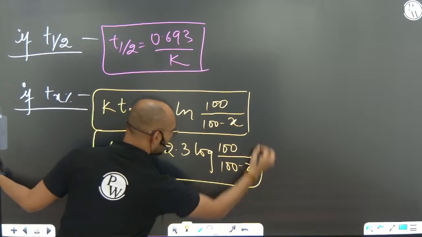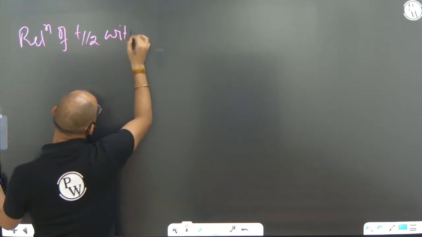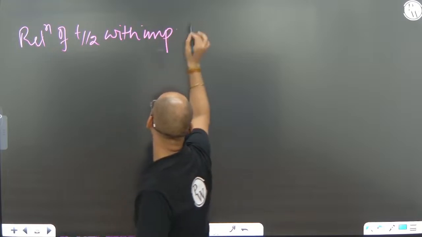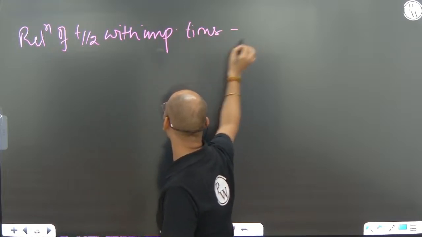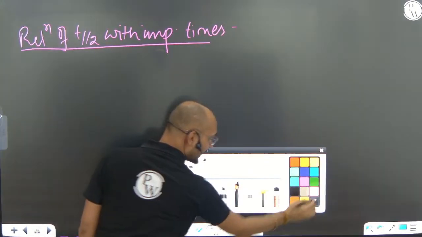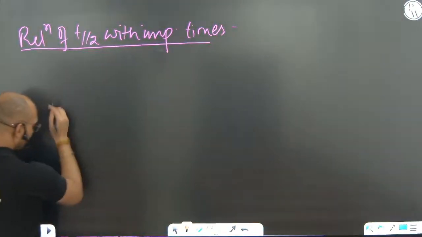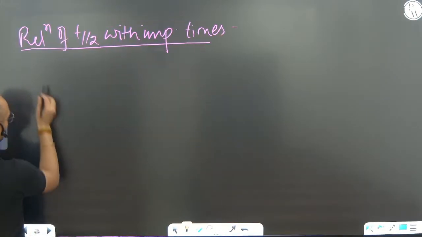Okay, now next one, what we are going to study, we are going to talk about relation of t half with important times. ये important times कौन कौन से हैं भाई? Important times, whatever I'm telling you, directly remember it as it is. Do not question how. We have solved all the integrated rate law expressions and we got that.